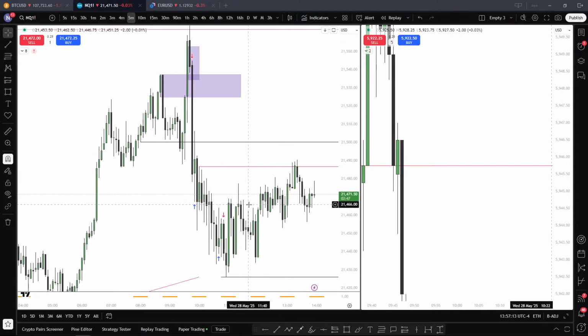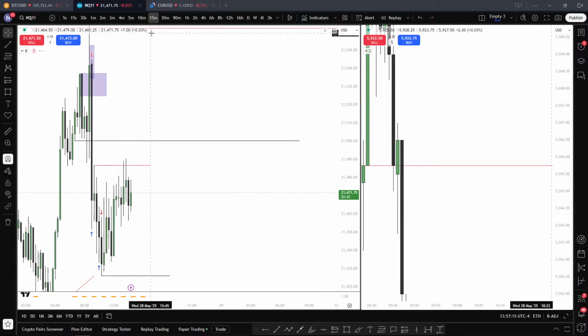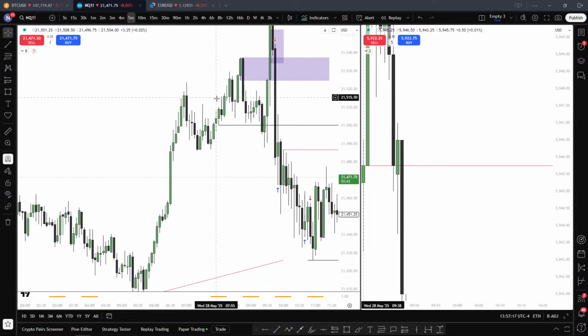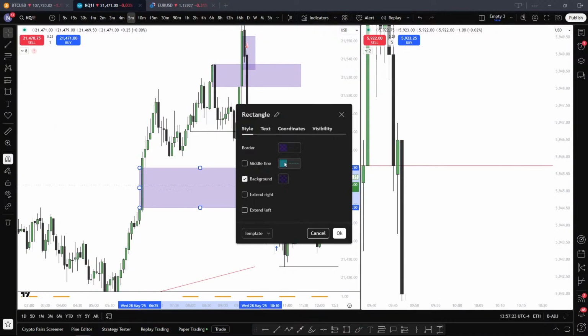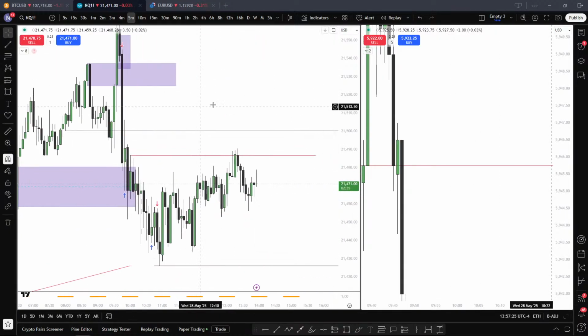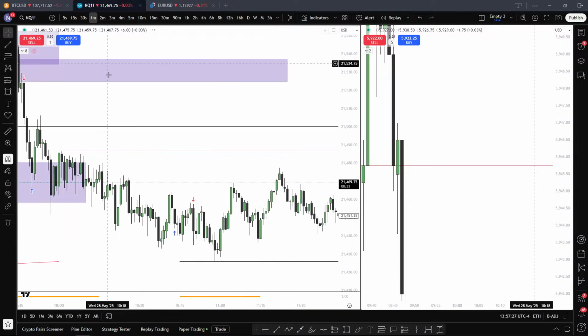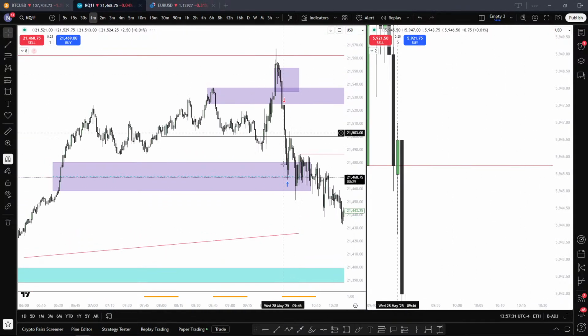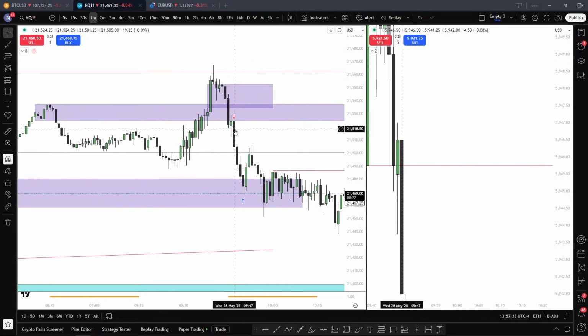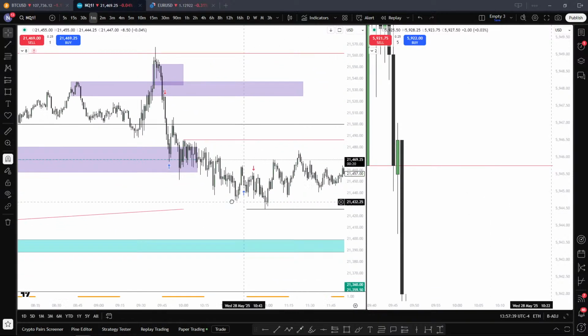Our profit target, where was the 15 minute? No, it was the 5 minute. Our profit target was at the consequent encroachment of this gap right here. There you have it. Nice trade. Literally executed within around 4 minutes. And that was the trade done.